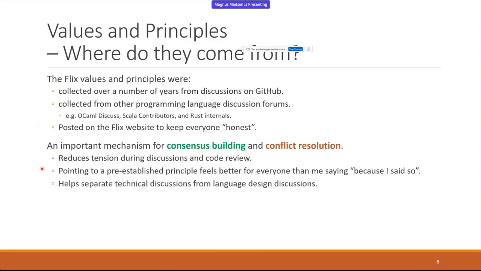This is much better than just me saying, well, it has to be like this because I said so. Also, it often helps separate technical discussions from language design discussions. In particular, we can separate what is an implementation detail from something more fundamental going on, where we need to consult the principles.